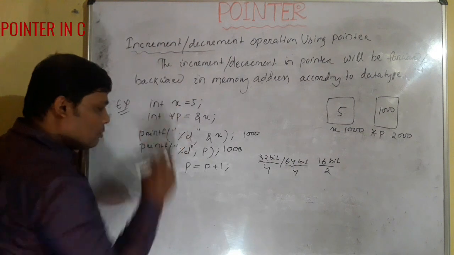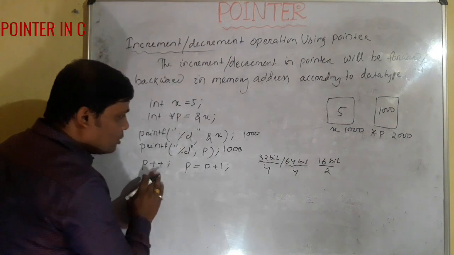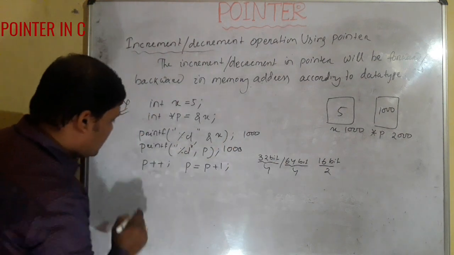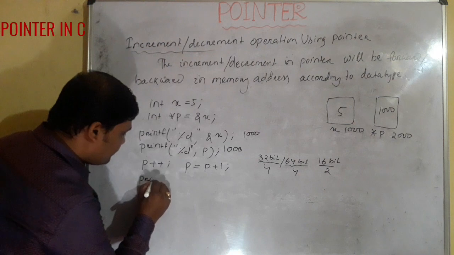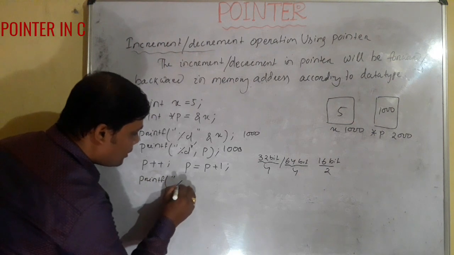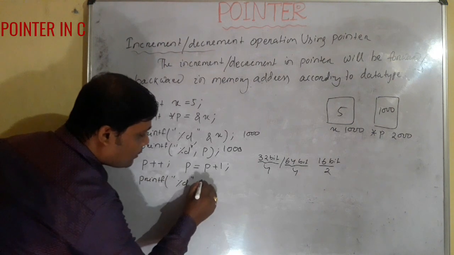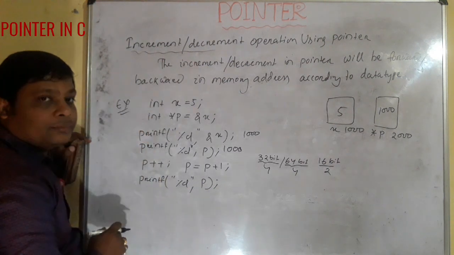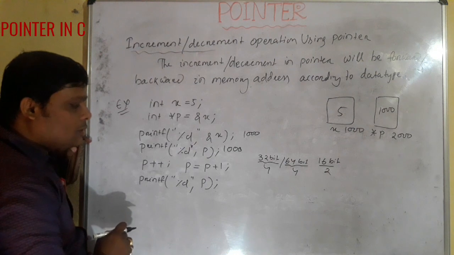So it will be forwarded according to the data type to which it is pointing. It is pointing to integer type. So according to data type, it will be forwarded 4 bytes. That means if I print here printf %d, then p, what will be the value of p? Just tell.